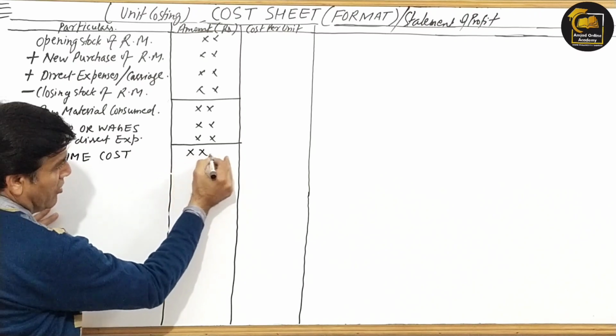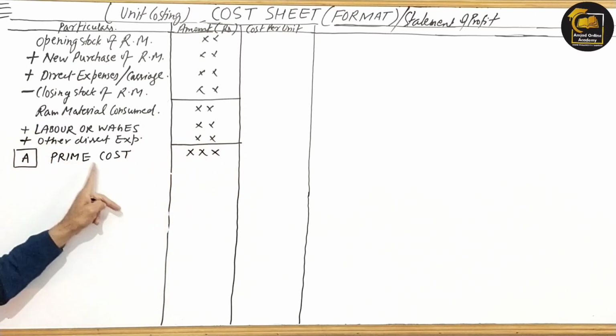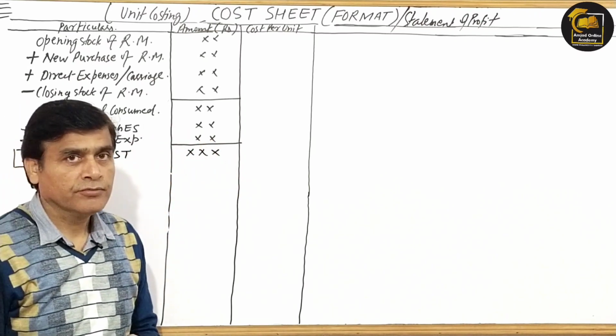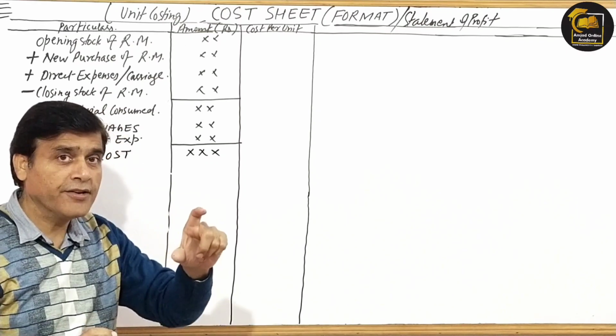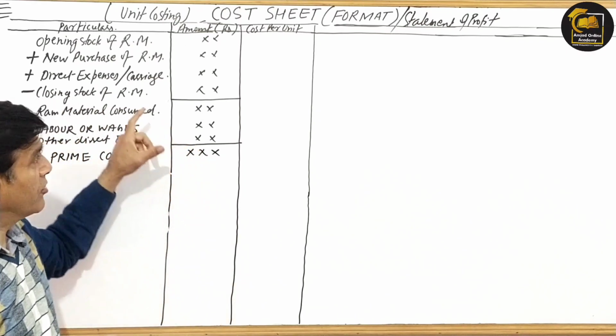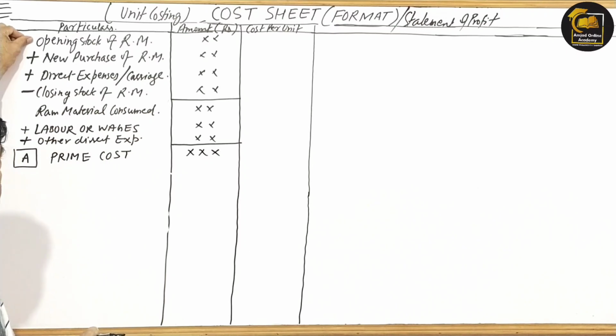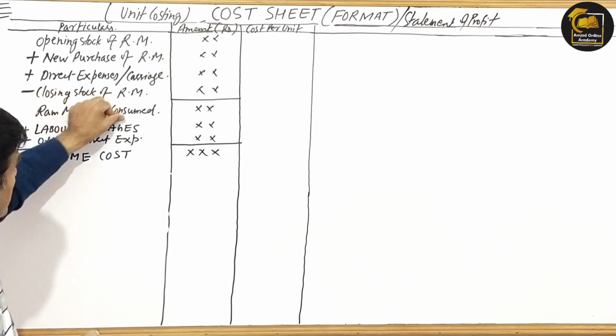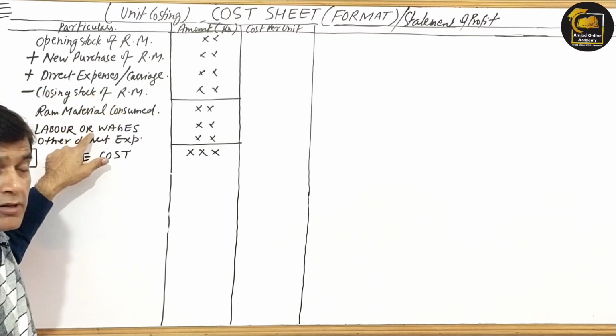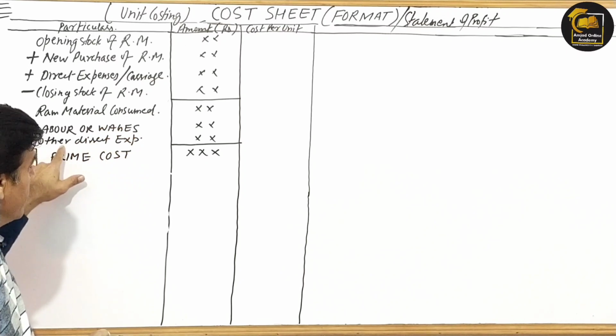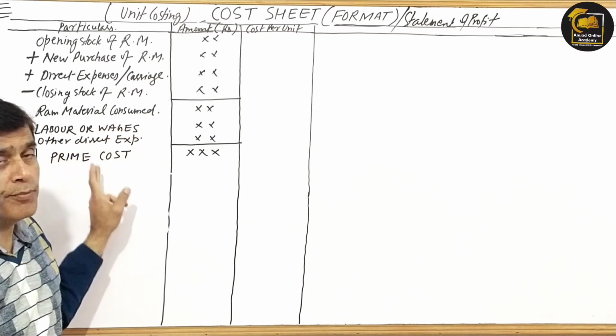Whatever you have calculated here will be known as the prime cost. So this is the first head in the format of the cost sheet. First, as I have told you, the opening stock, new purchase, direct expenses minus closing stock will be equal to the raw material consumed, and then once you add the labor and any other direct expenses, it will be equal to the prime cost.